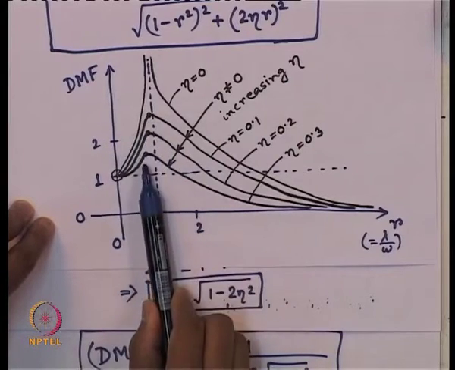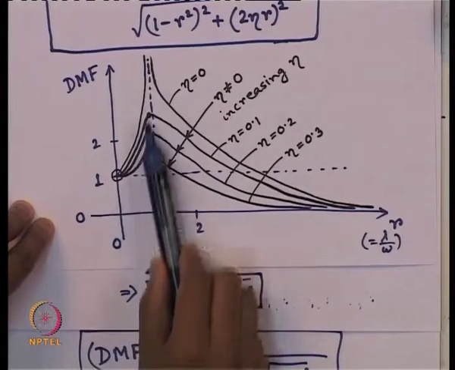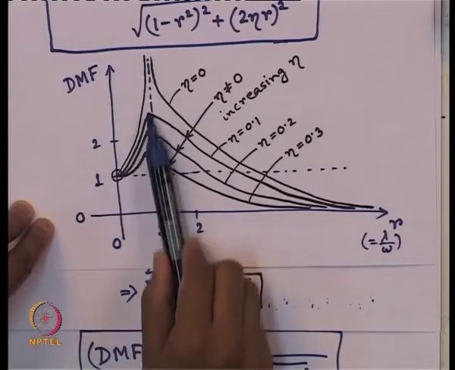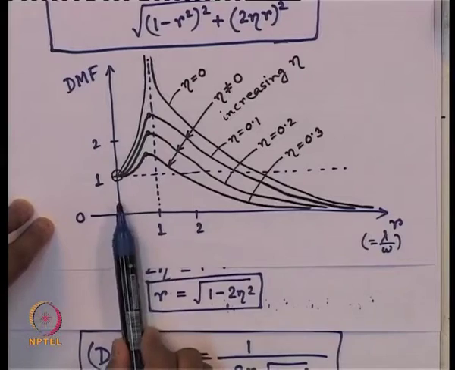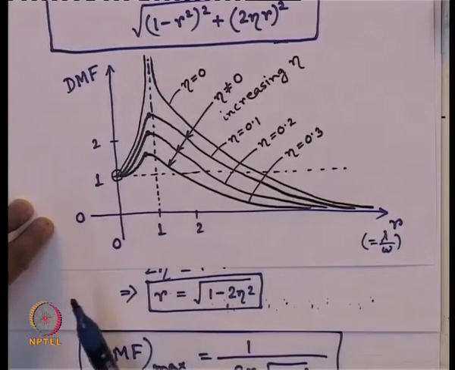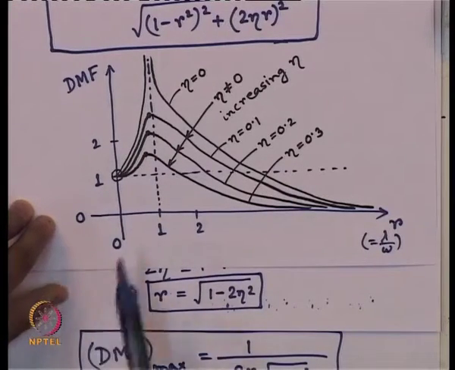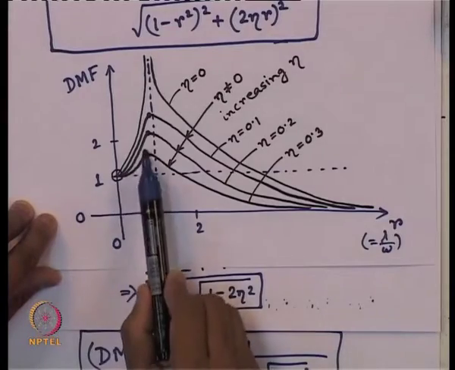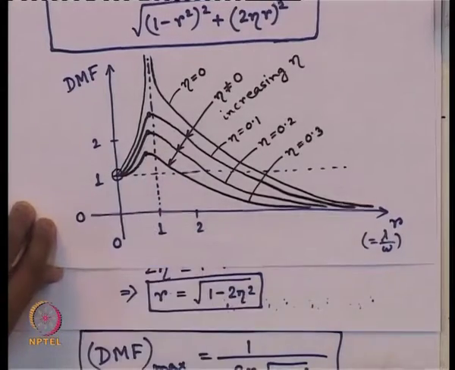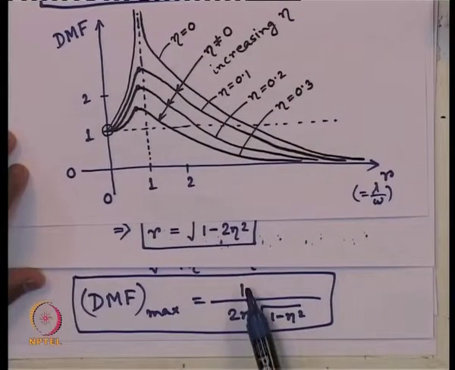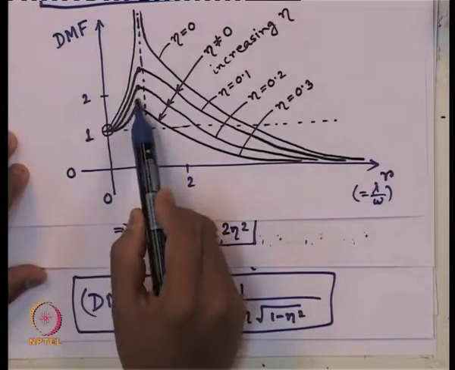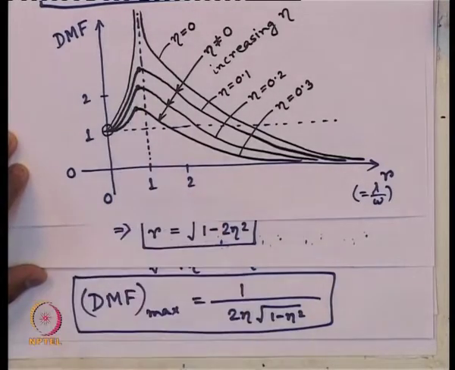So, remember this curve follows another curve, the peak of each point with different values of eta. And what is the magnitude of the maximum value for different eta? That is what we have obtained just now. This is 1 by 2 eta root over 1 minus eta square. That is the maximum value for different values of eta.